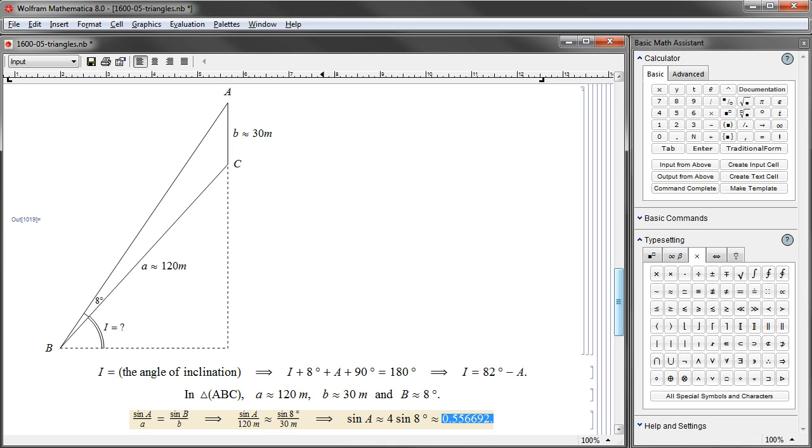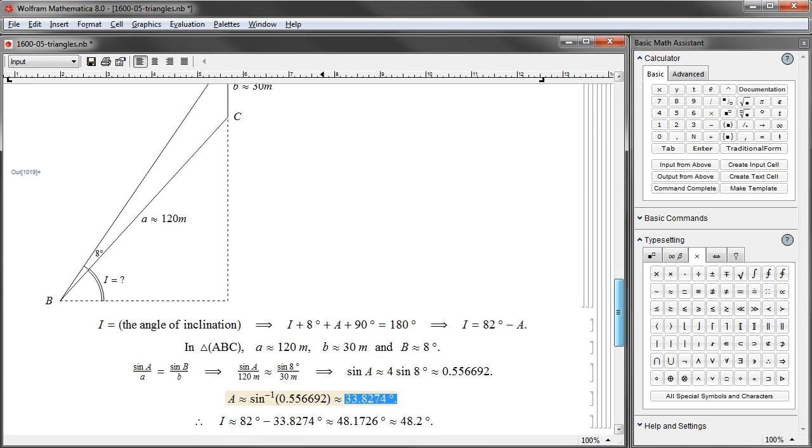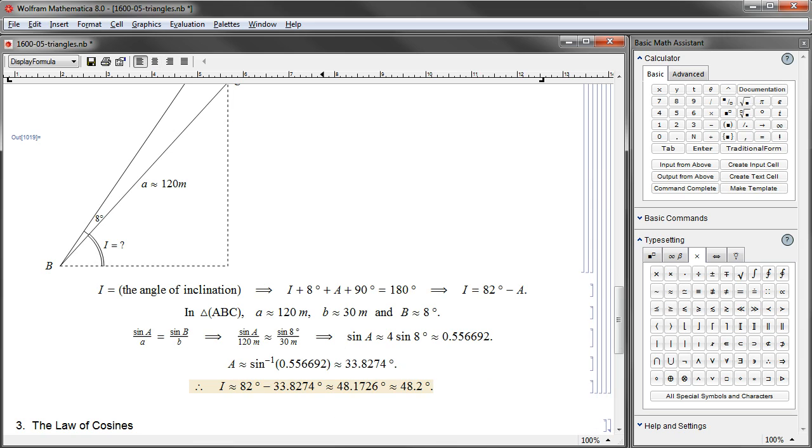Take the arcsine, what do you get? 33.8274 degrees. We don't have to worry about 180 degrees minus that, because that's an obtuse angle. That doesn't make any sense. Consequently, the angle of inclination I is 82 minus that. We end up with approximately 48.2 degrees.